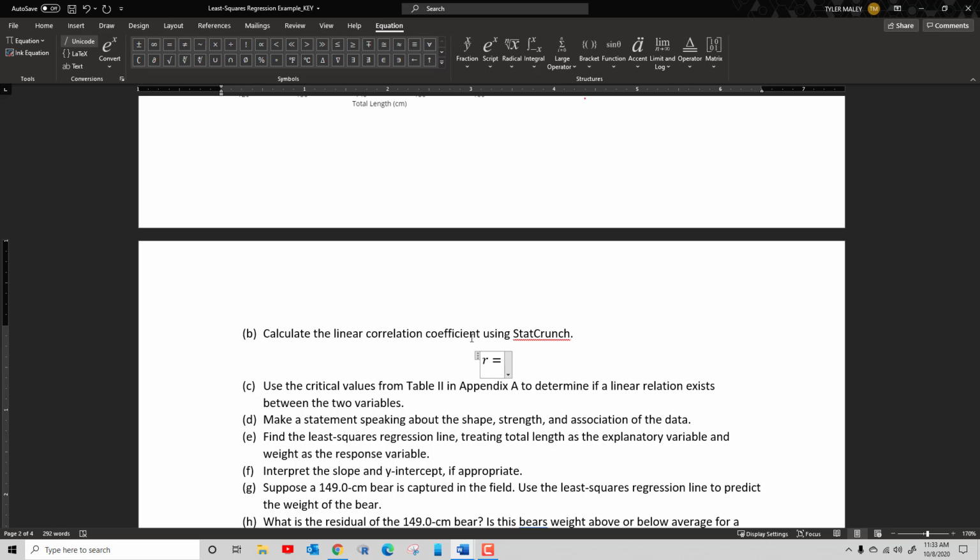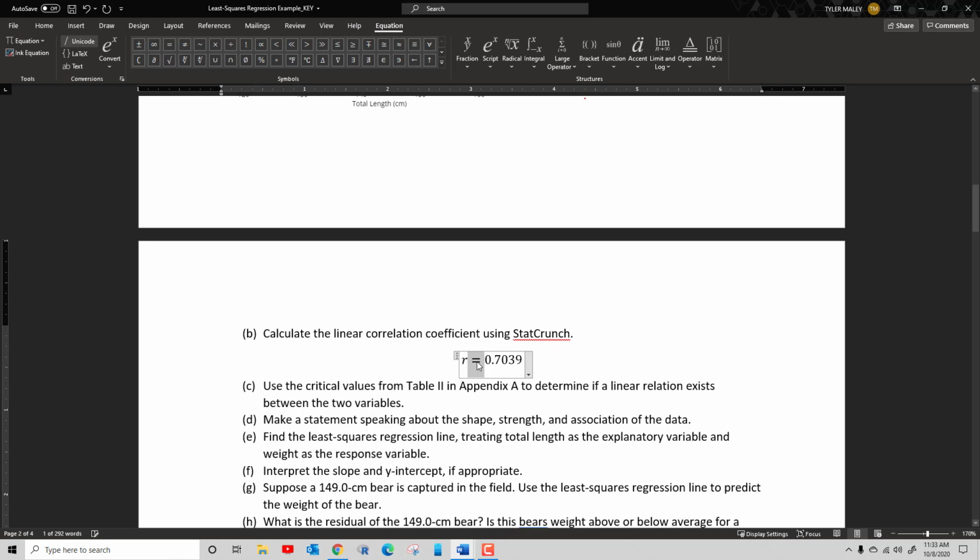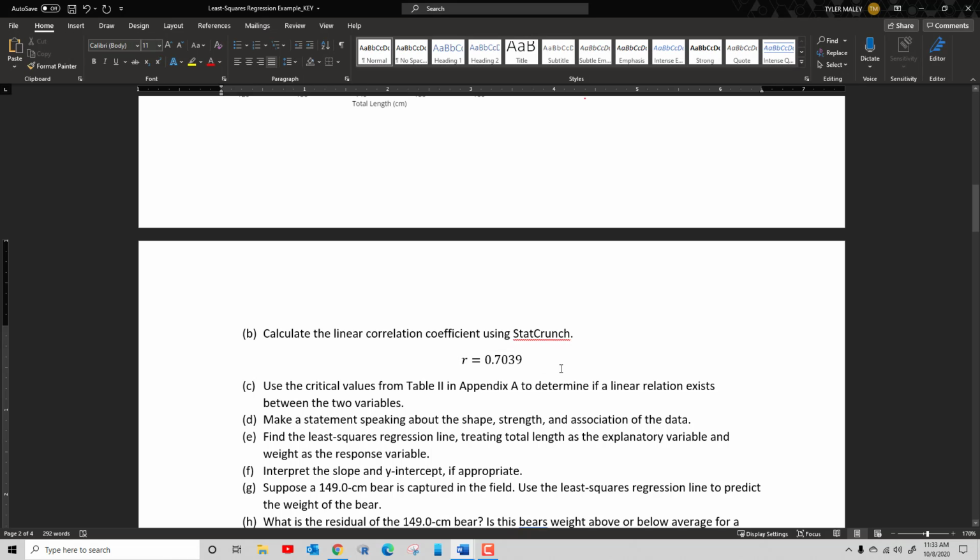R is approximately 0.7039. Technically, mathematically, we would want to use the approximately equal to symbol, but it's often the case that we round in statistics, and we just say R equals, and then round to a specific number of decimal places.